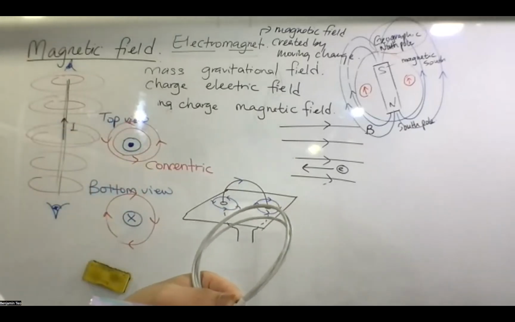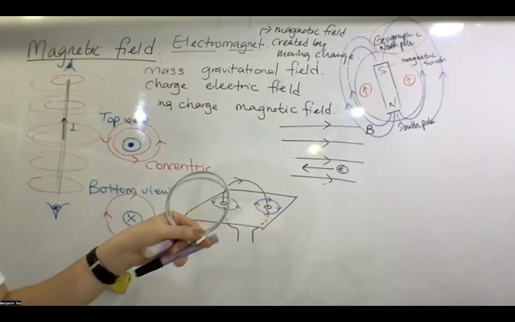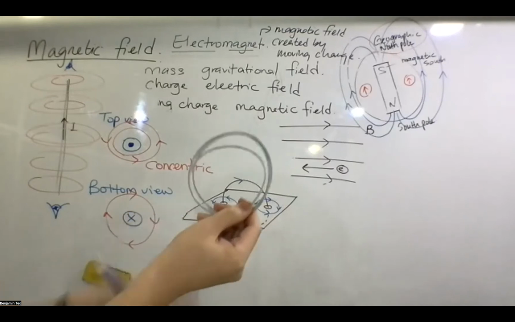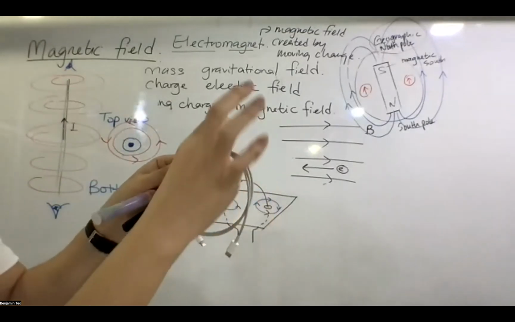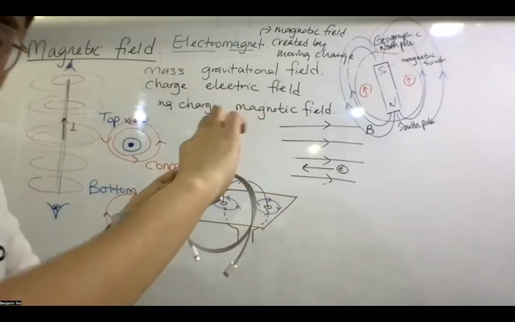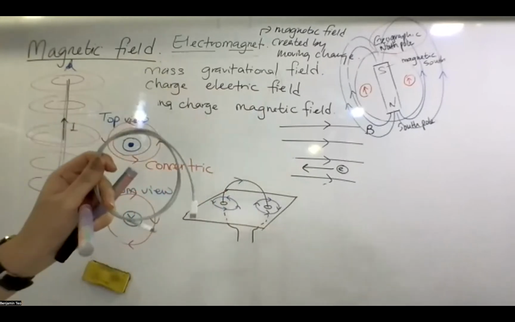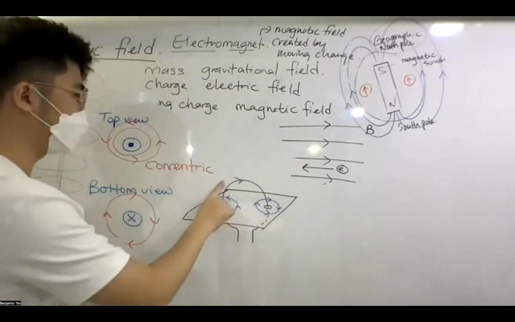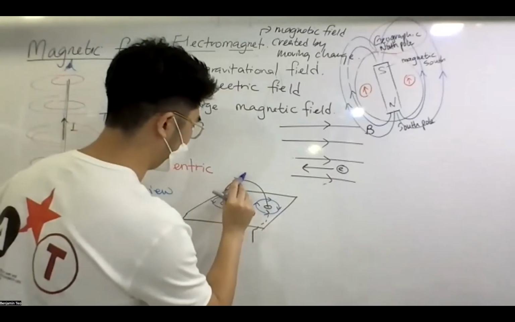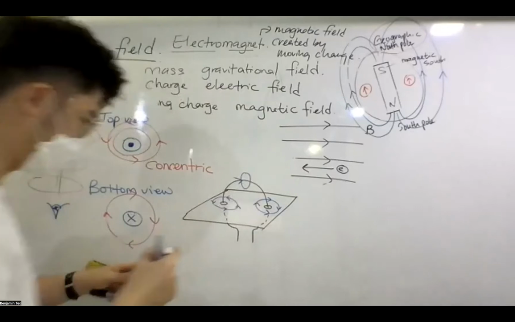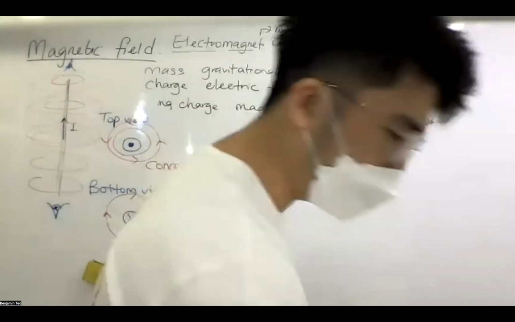In the study of magnetic field, everything is 3-dimensional. Imagine you have a ring around it, and then the ring sweeps around this loop. This is the magnetic field of this one, and everywhere you have it.